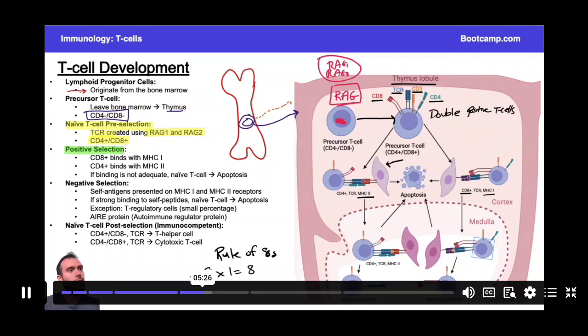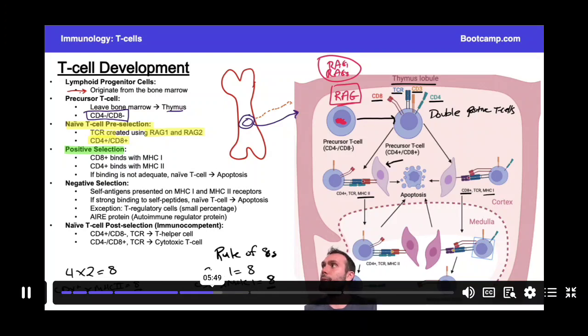So we're talking about CD8 positive times MHC1. That gets you to 8. Now on the other side of that, 4 times 2 also equals 8, right? So CD4 positive cells that are going to bind to MHC2 receptors will also get you to 8. Okay, so that's the way to remember: CD8 positive cells are going to bind MHC1, CD4 positive cells will bind MHC2.